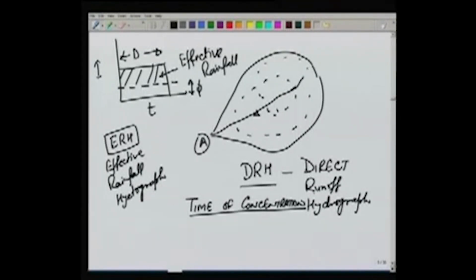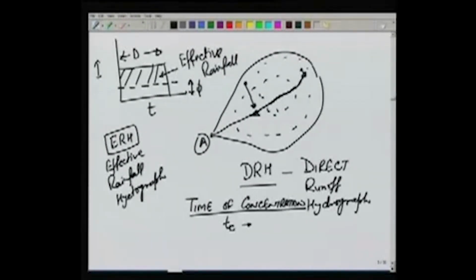Now this time of concentration, typically denoted by Tc, is the maximum time it takes for a drop of water anywhere on the catchment to reach the outlet A. Now if we look at this catchment area, which let's say doesn't have any tributaries, so there is just one main channel and there is no tributary to this channel, then a water drop falling on this point will first move over the land and then join the stream. A water drop falling here may move here and then follow the stream.